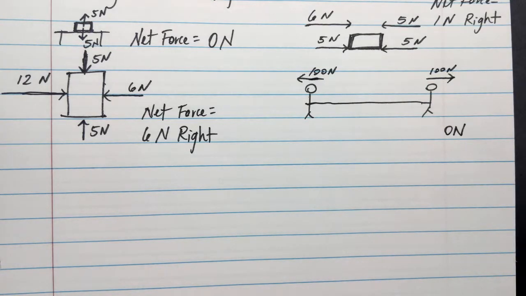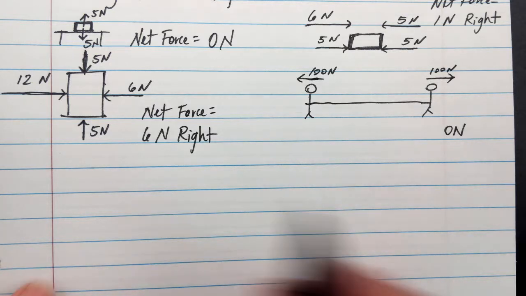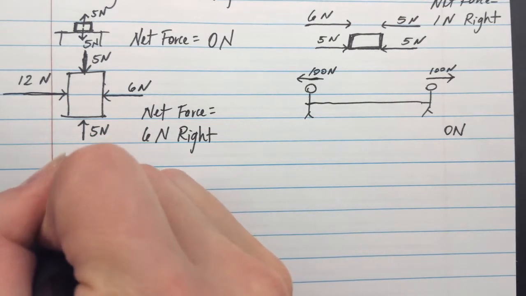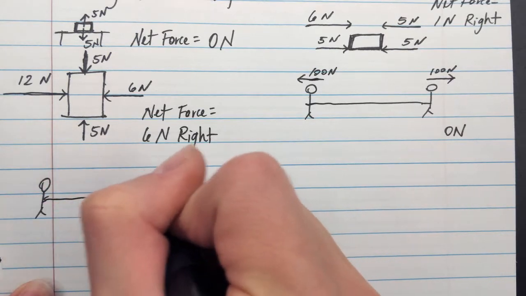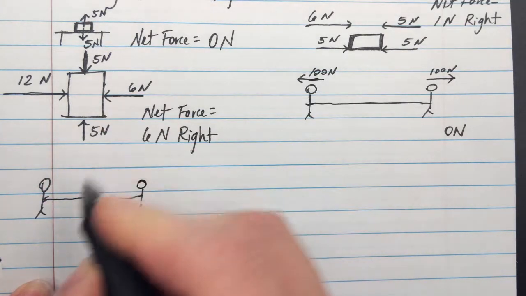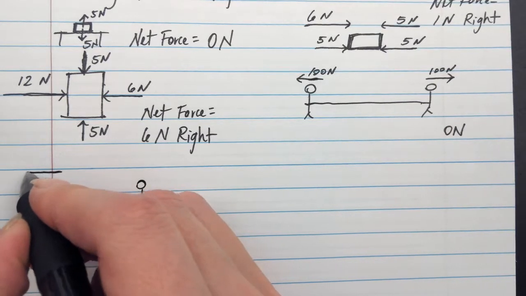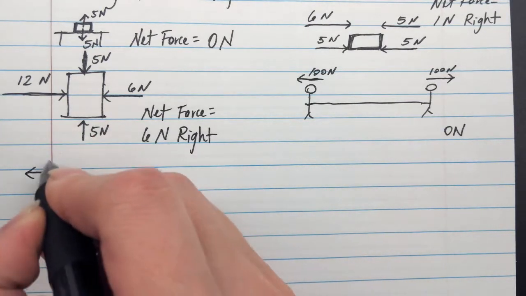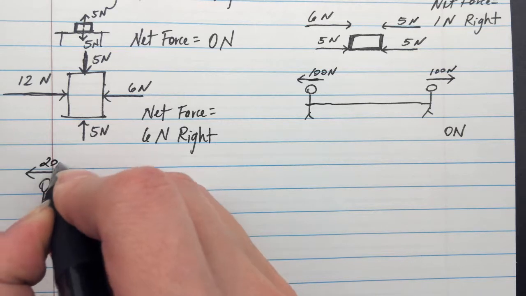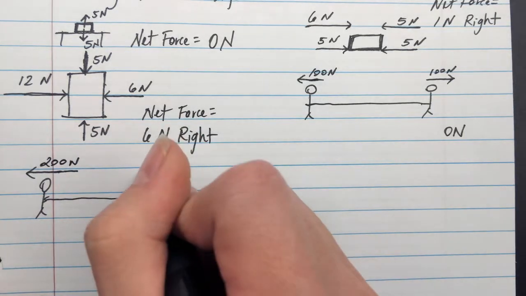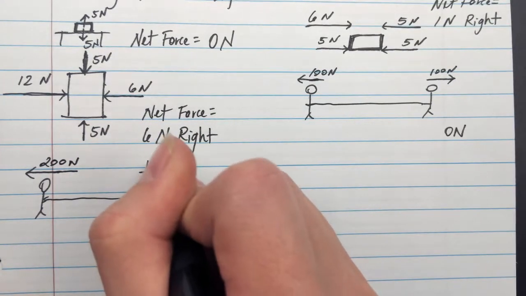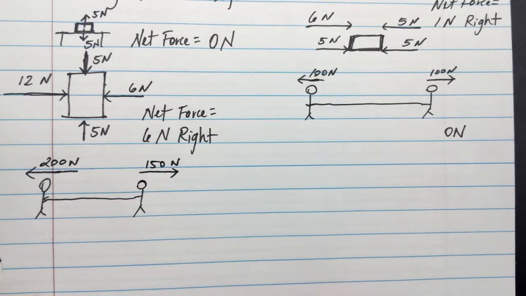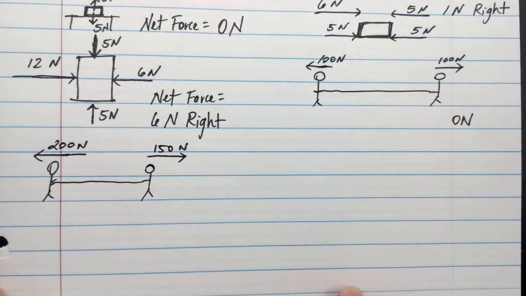That would be at the beginning of the tug of war, when they're both at deadlock, like it's just stuck. But eventually, one person is going to outlast the other. And he's going to have 200 newtons, and he's going to have 150. And what would be the net force?